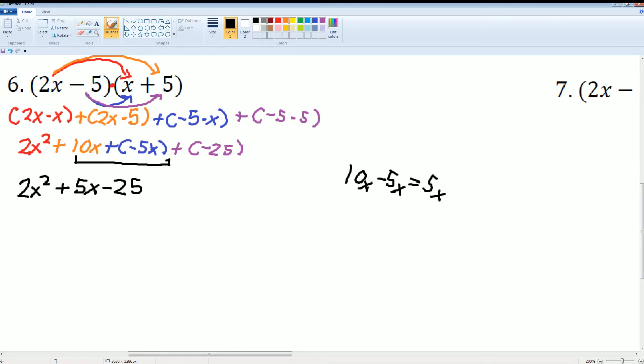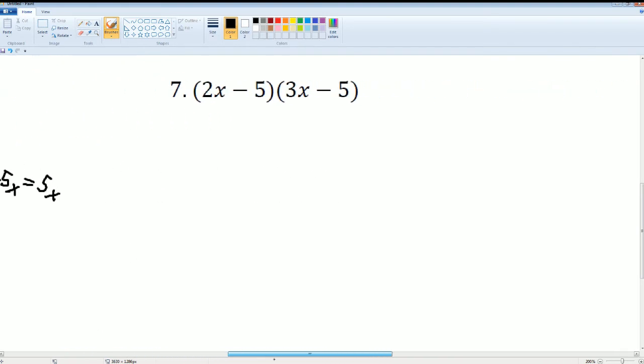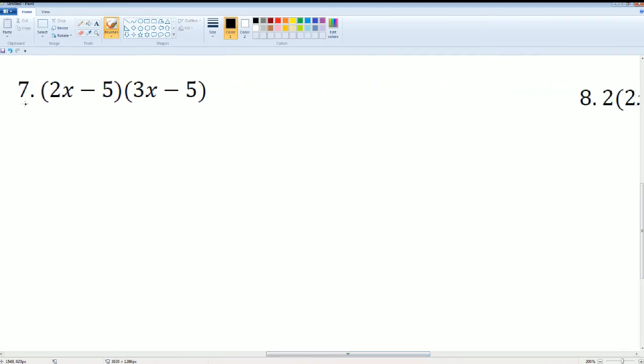Let's go do 7. All right. 2x, that's the first term, times 3x. So 2x times 3x. And you have your outer, so 2x times 5.